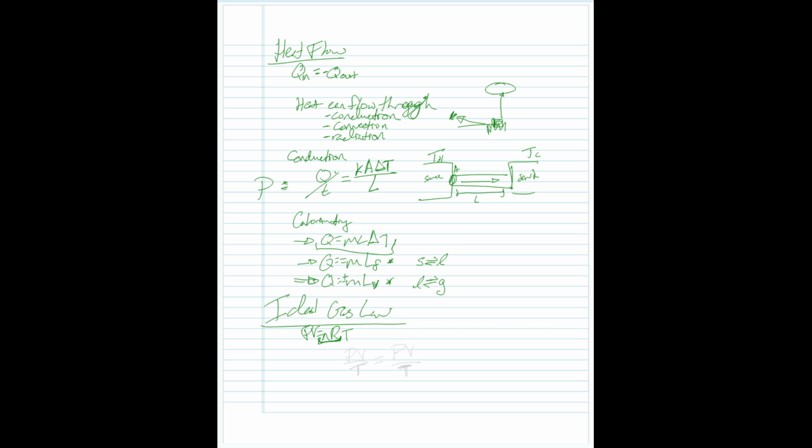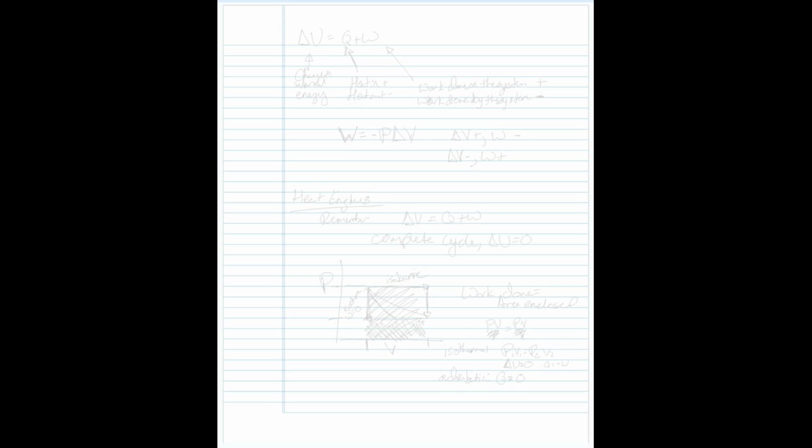If nR is constant, then PV over T is also going to be constant. So as long as we're not changing how many moles of material we have, the pressure times volume divided by temperature in Kelvin will be constant. We have this equation here.